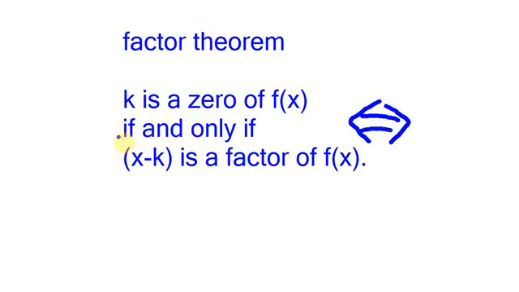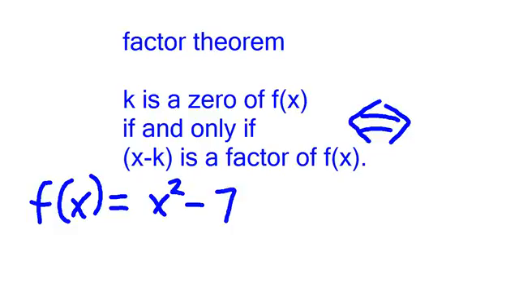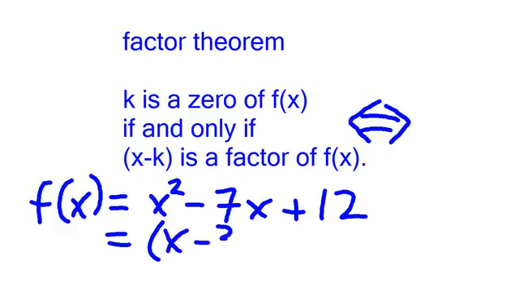Let's say you have some function f of x equals x squared minus 7x plus 12. This is a quadratic function, and in factored form it would be x minus 3 times x minus 4. What are our zeros? Well, they would be the x values where we set f of x equal to 0 and solve for x.